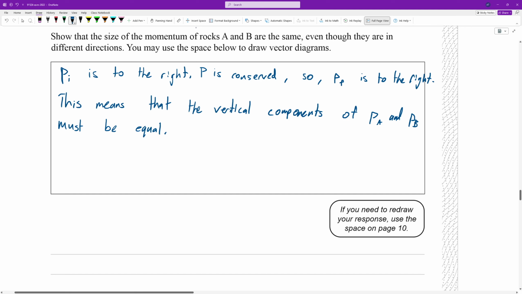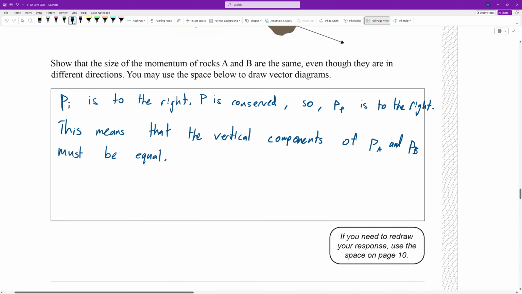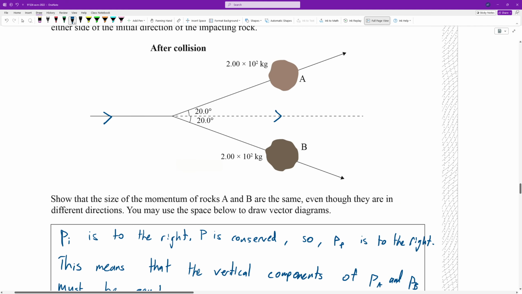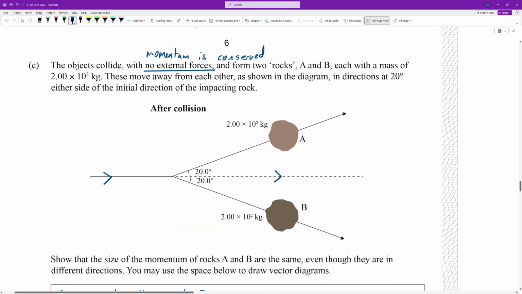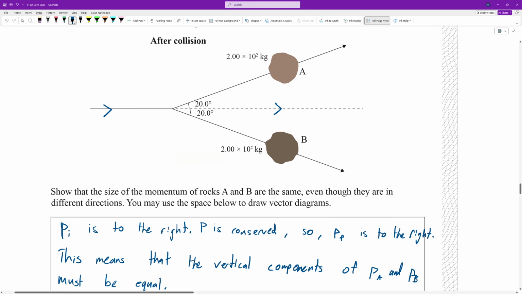So that accounts for the vertical components. What about the horizontal components? Well, they have the same mass and are traveling at the same velocity. Can we assume that? Doesn't say in the question, right? But since they're at the same angle and they have the same vertical components with the same mass, they must have the same horizontal components.